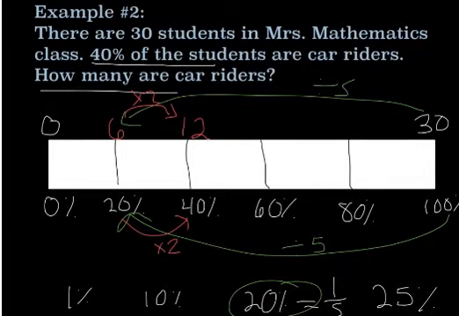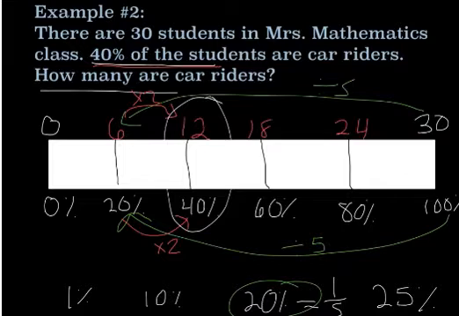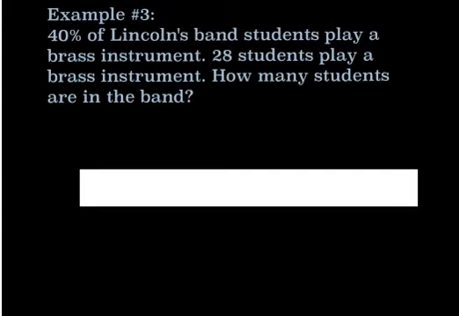The same applies to 6 times 2, you get 12. That is equivalent to 40%. You may go and find other values if you wish, and therefore the final answer is 12. So there are 12 students who are car riders.